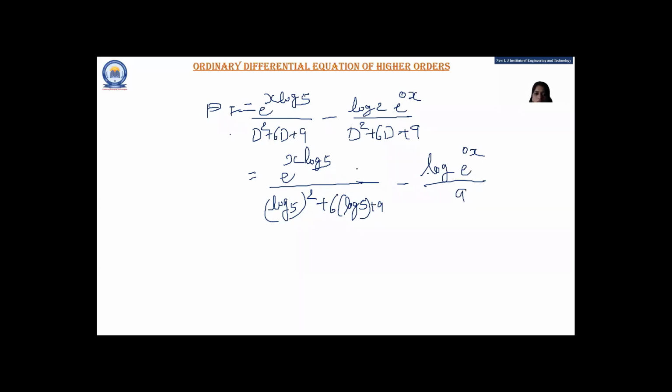So this is PI, and this e raised to x log 5, we may also write as 5 raised to x. Both are same. And this denominator is log 5 plus 3 whole square, minus log 2, and e raised to 0 is 1, so no need to write it again, right? So this is our PI.